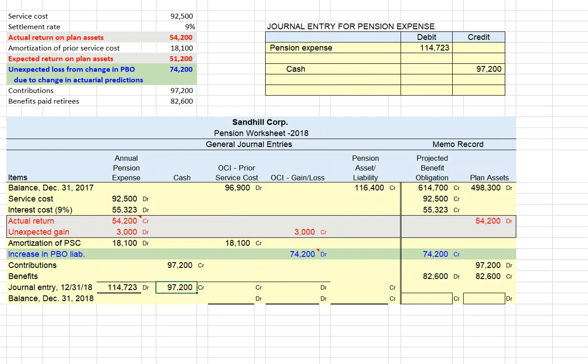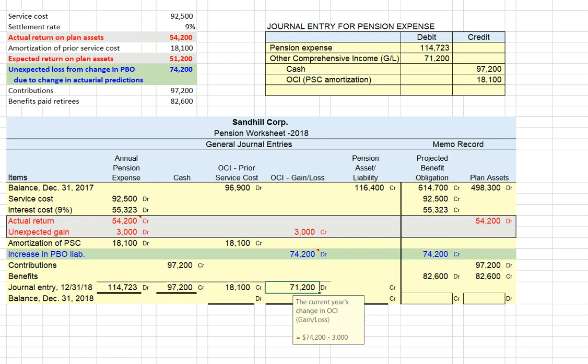Next, we flip the cash. We had credits to cash of $97,200. We calculate the change in our other comprehensive income for the year, and that was the amortization of the prior period's service cost, and we credit other comprehensive income.